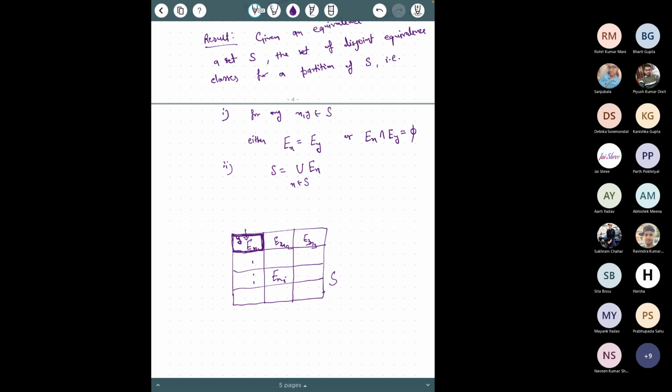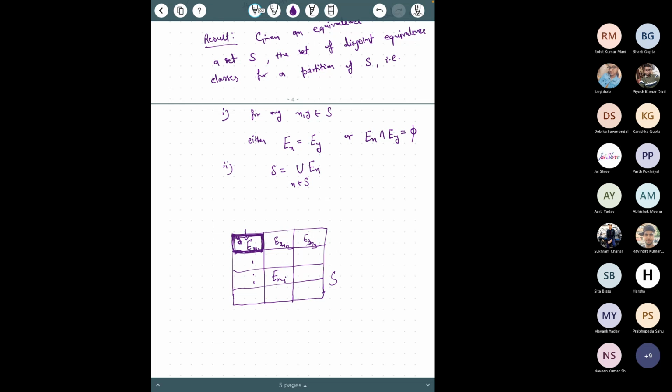So for example, if we have a partition of this set S, in any of these classes all the elements are related.